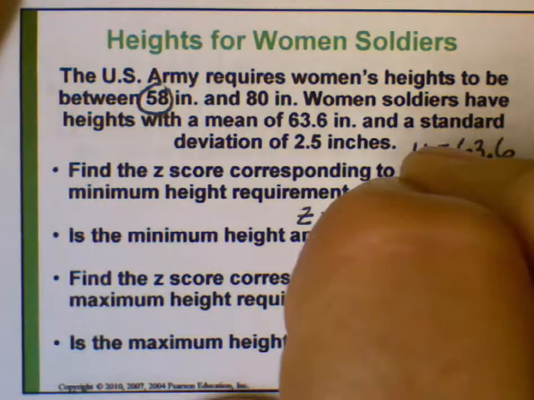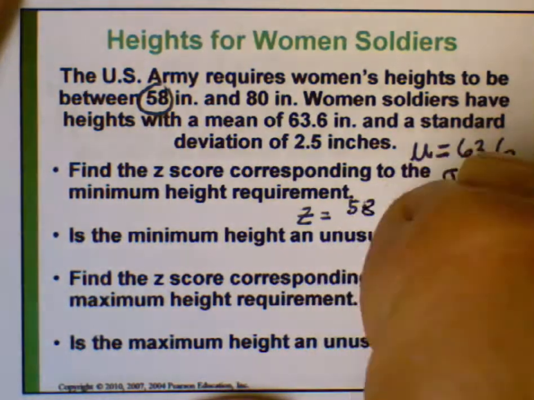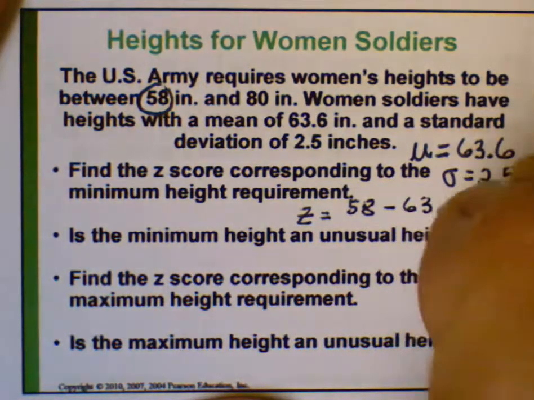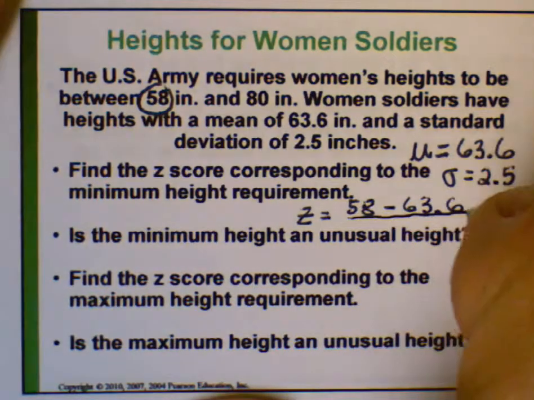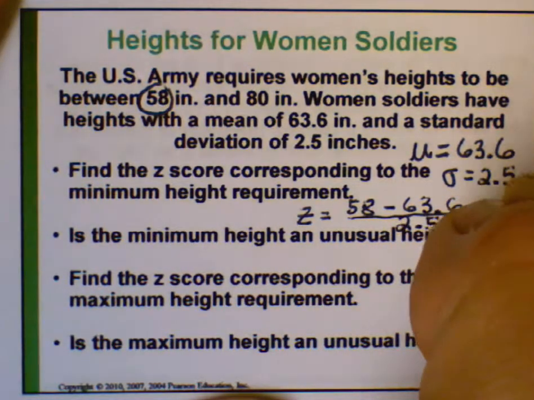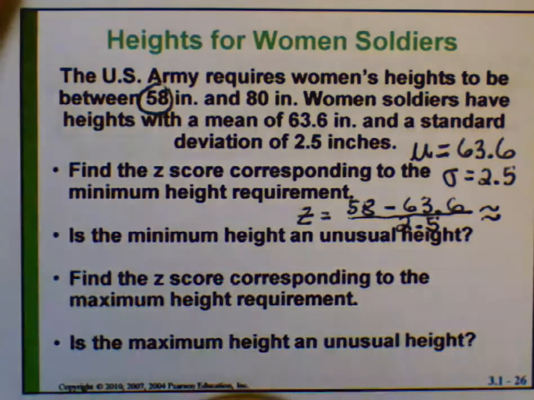Take the 58 inches, subtract the mean, and divide by the size of one standard deviation. 58 minus 63.6 is negative 5.6.